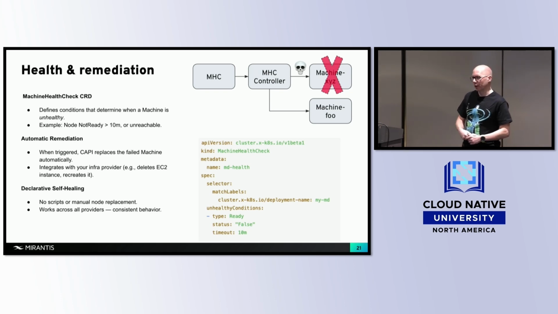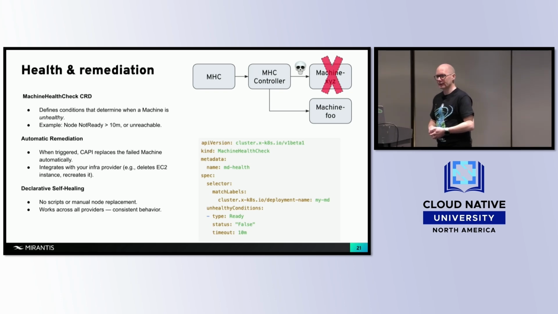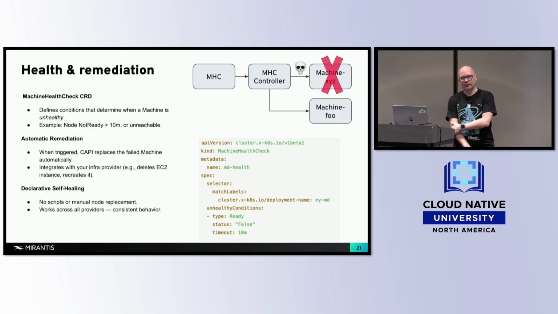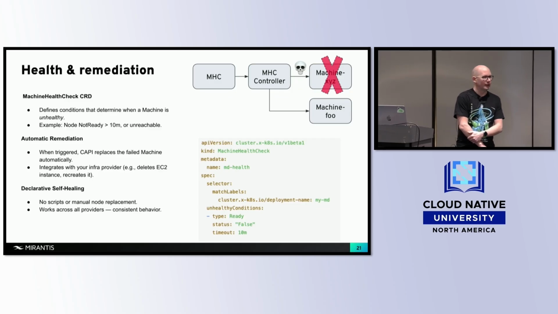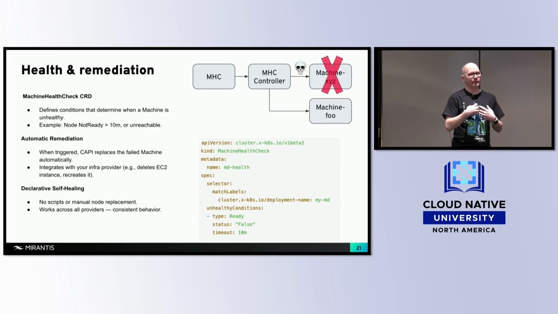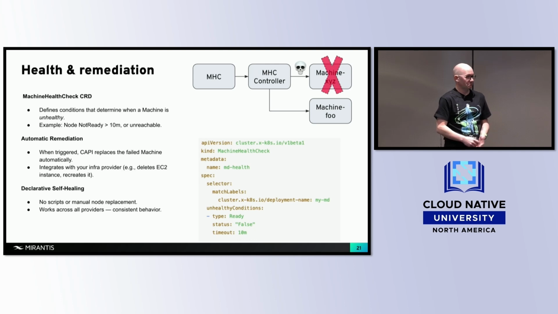Another important concept for operations is, of course, health checking and remediation. Cluster API has a custom resource called machine health check. Basically, you can define that if this node, or the set of nodes that this health check matches, are offline for, say, 10 minutes, kick them out of the cluster and create a new one.